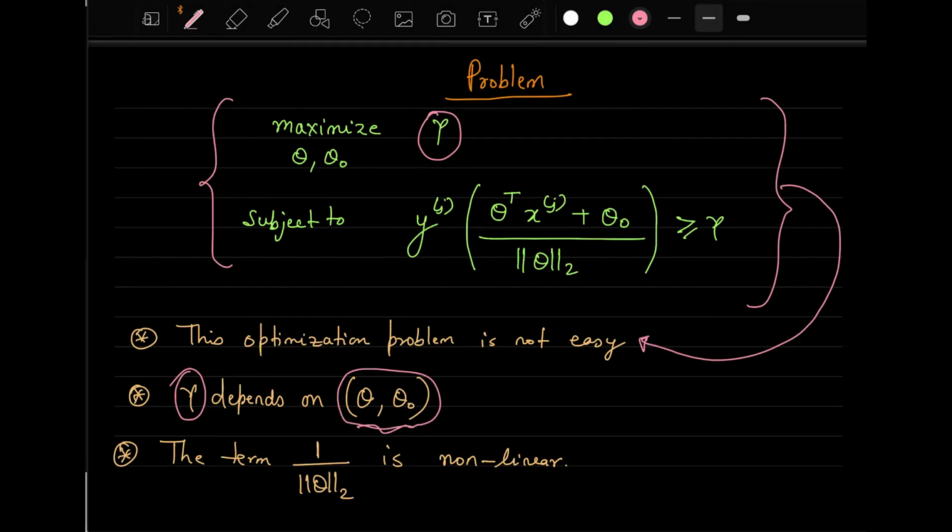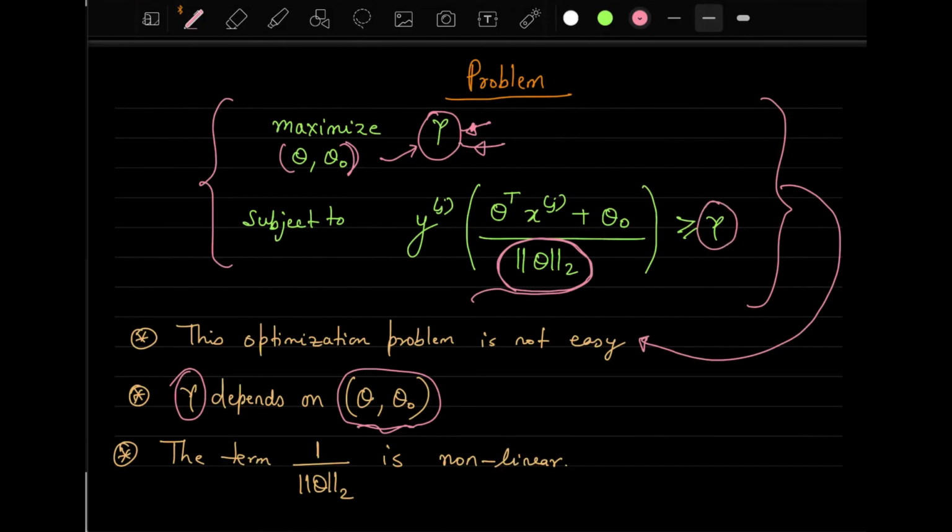So this gamma, if you want to maximize it, the theta and theta 0 which you want to get the value of using this gamma are coming in the denominator of this objective, in this constraint also, and here also.